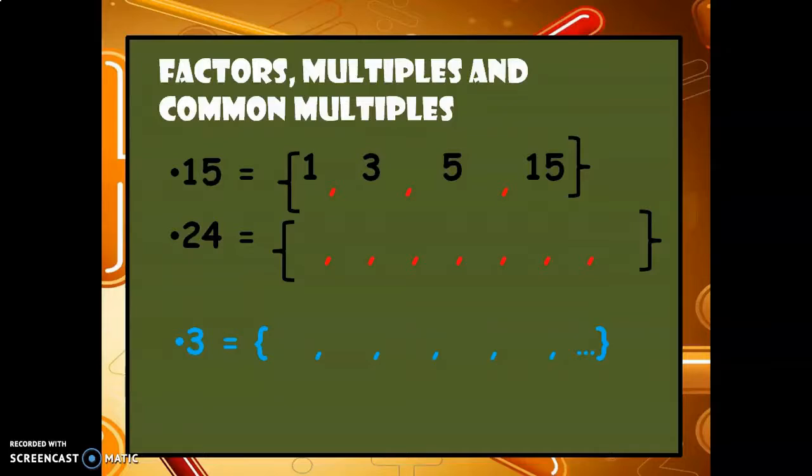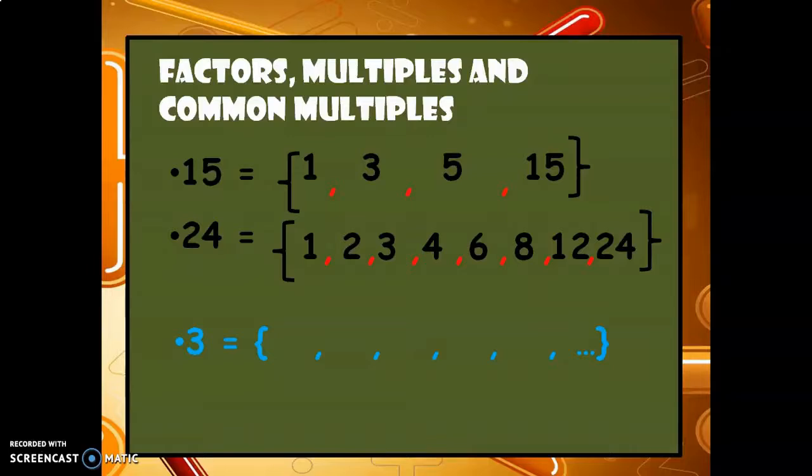Okay, let's have another example, 24. The first pair is 1 and 24, obviously, because 1 times 24 is equal to 24. So 1 and 24 are both factors of 24. The second pair is 2 and 12, because 2 times 12 is 24 also. You have 3 and 8, 3 times 8, and also 4 times 6.